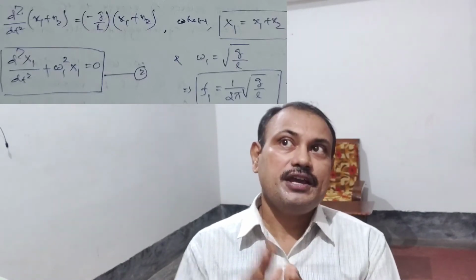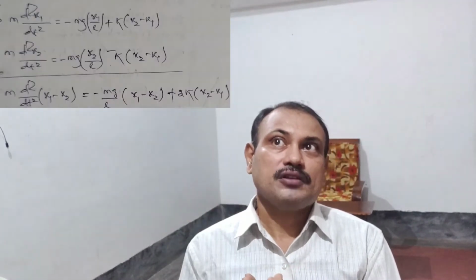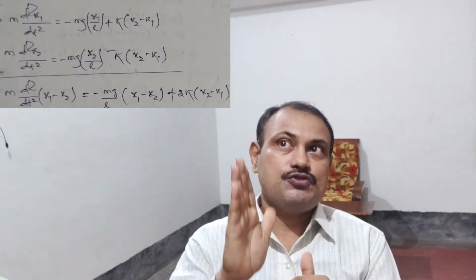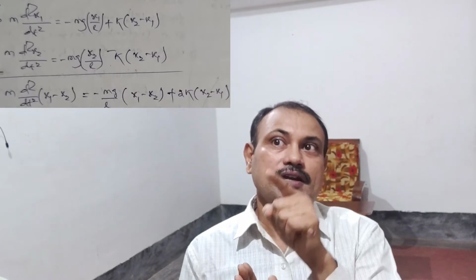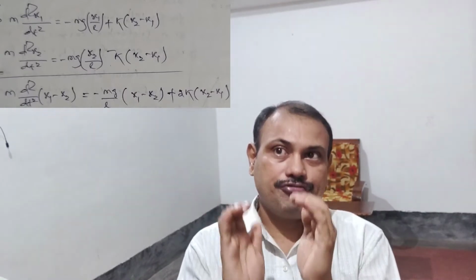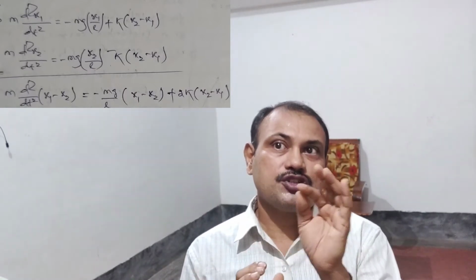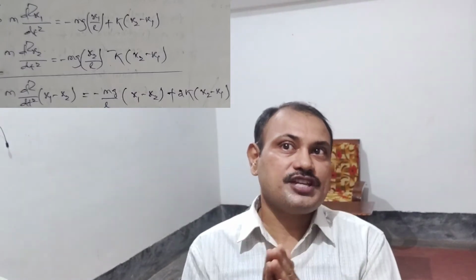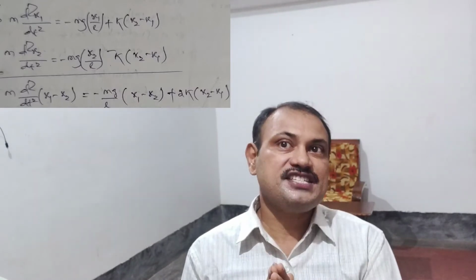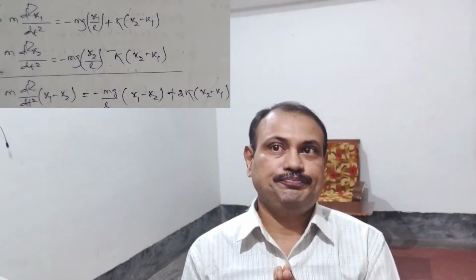In the same way, we can subtract the equations which we have written for pendulum A and B to write m d square by dt square of x1 minus x2 must be equal to minus mg by L times x1 minus x2 minus twice k times x1 minus x2.